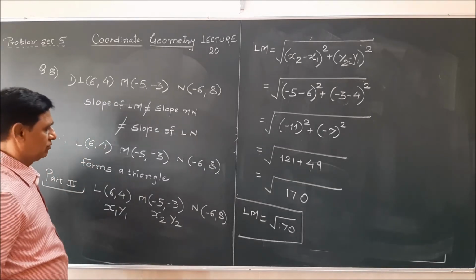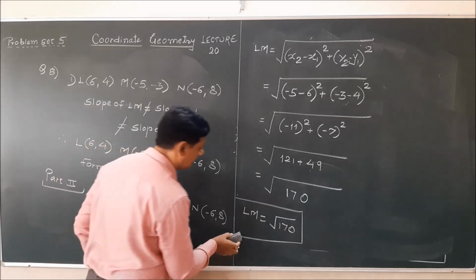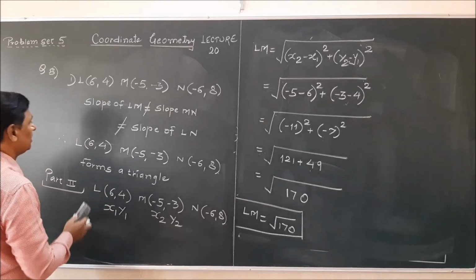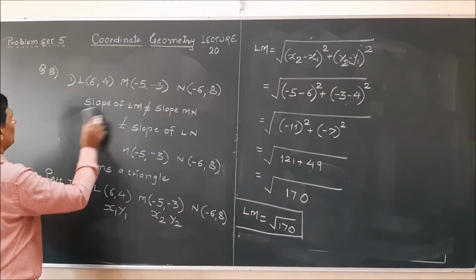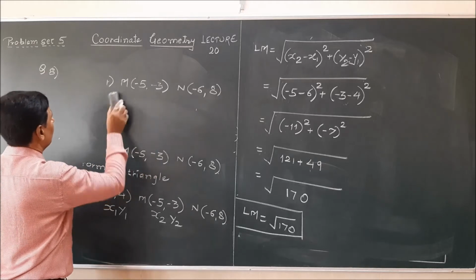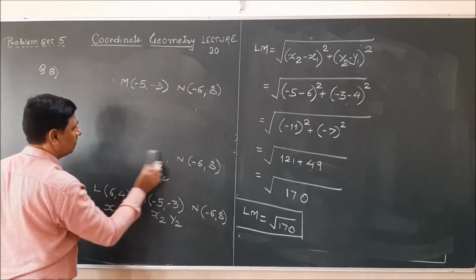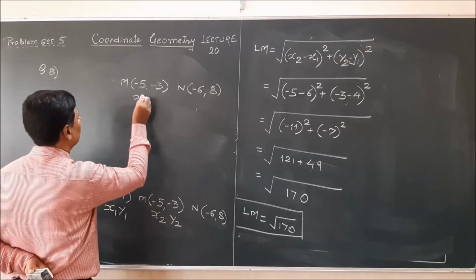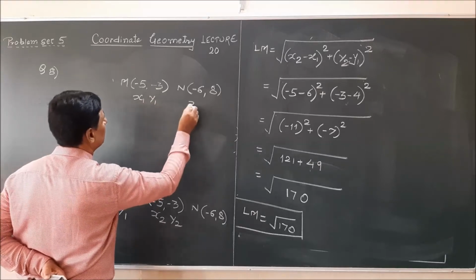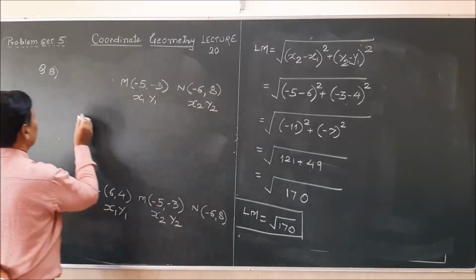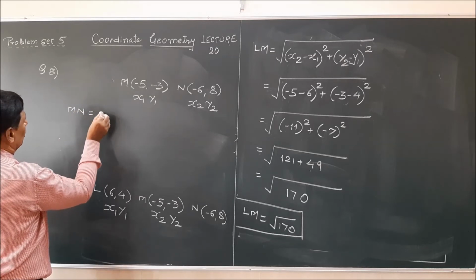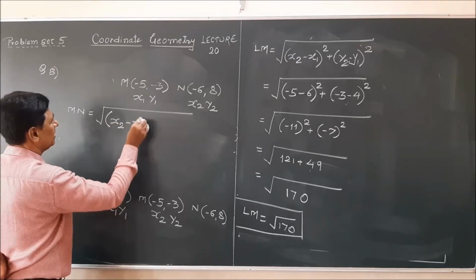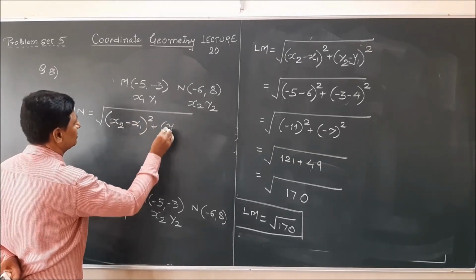So now I am going to find the length of MN. So MN is equal to, part 2. MN, okay, I label this as x1, y1 and this as x2, y2. By distance formula, MN is equal to root of (x2 minus x1) the whole square plus (y2 minus y1) the whole square.